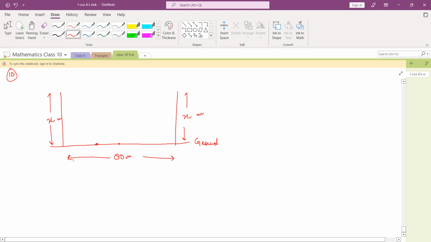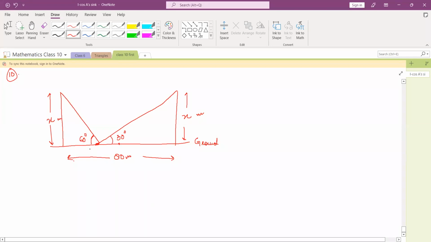So you are looking at this top, and then from the same point you are looking at the top of the other tower. The angles of elevation are 60 degree and 30 degree respectively. Obviously this is much higher you are looking, so this one is 60 degree and this one is 30 degree.